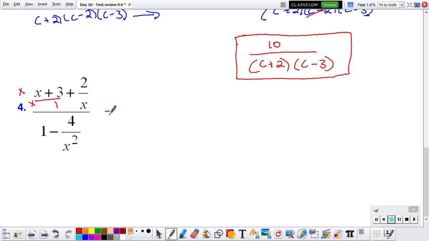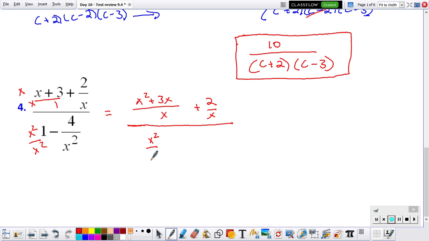X squared over x squared minus 4 over x squared gives us x squared plus 3x plus 2 over x all over x squared minus 4 over x squared.